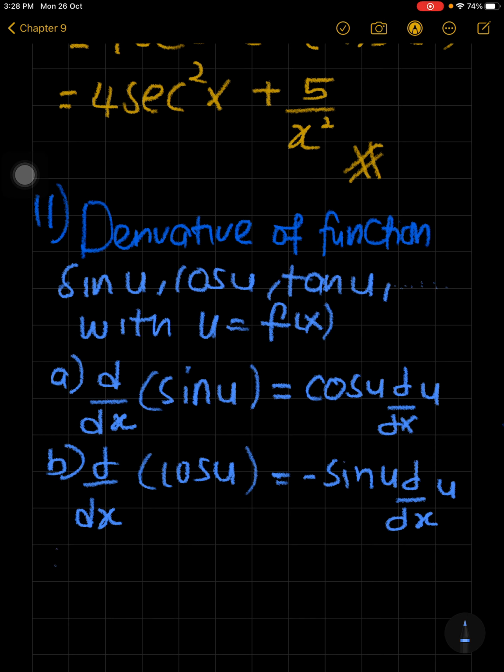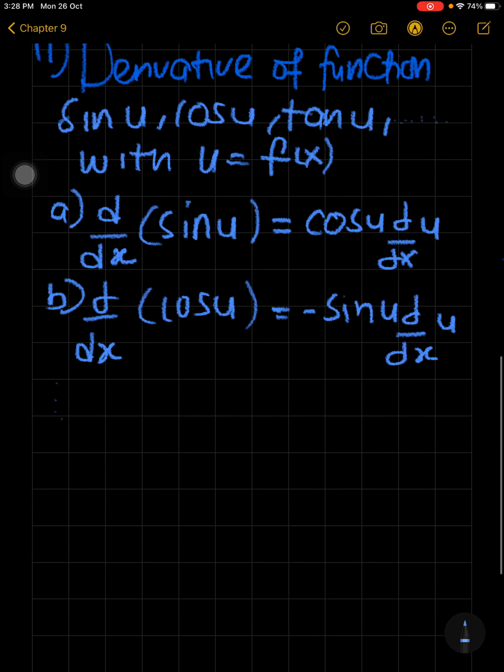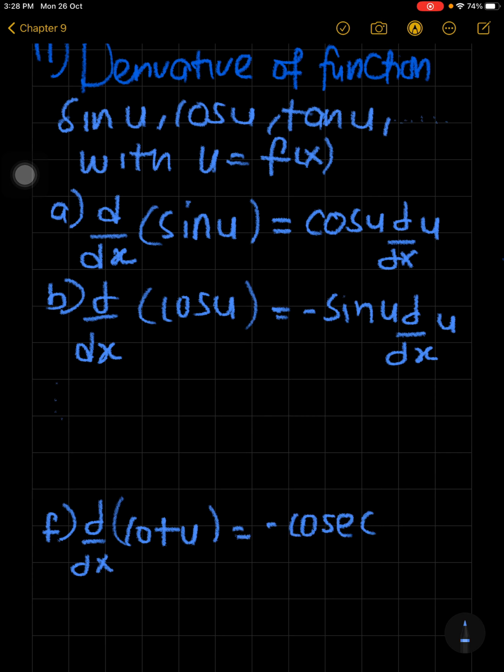Okay, dan seterusnya lah. Dia ada sampai cotangent, A, B, C, D, E, F. F, which is d/dx cotangent u. Okay, so you punya jawapan adalah negative cosecant square u d/dx u.